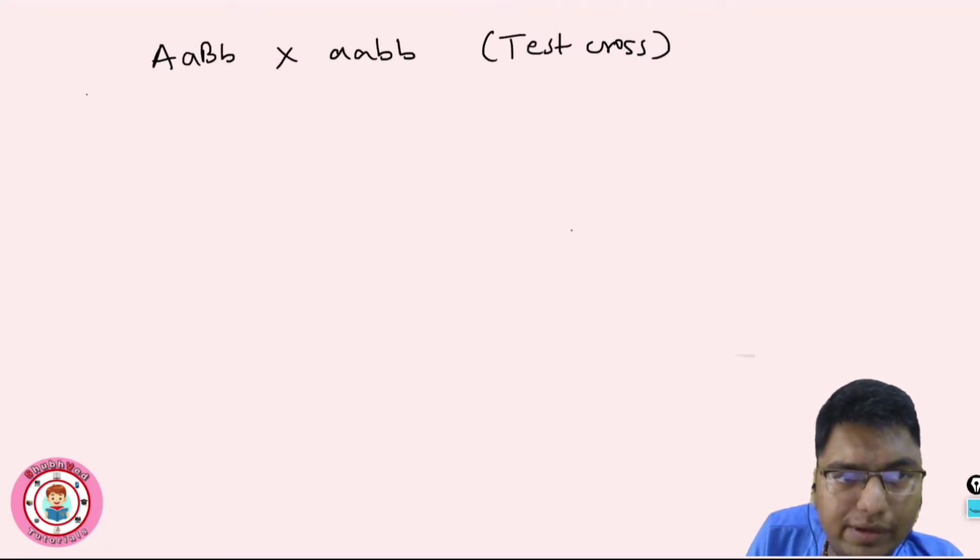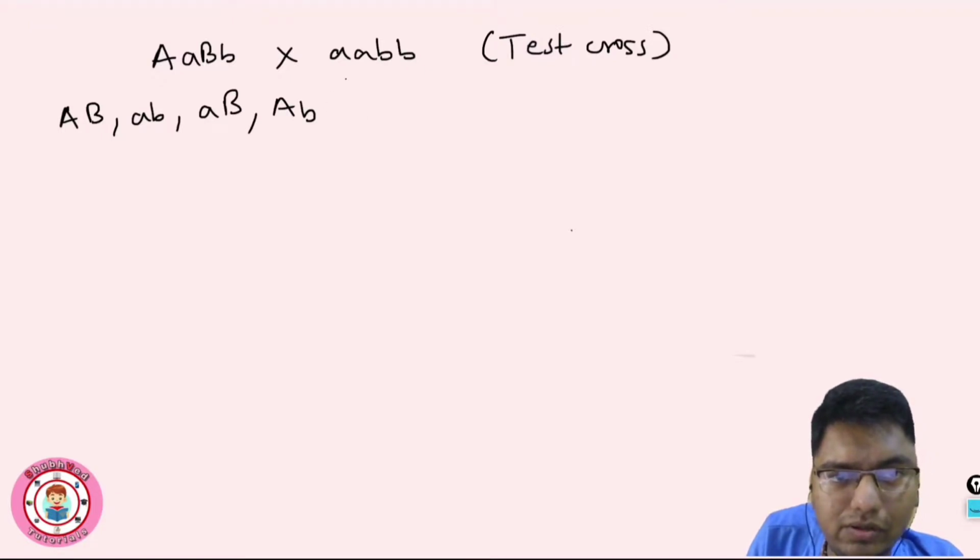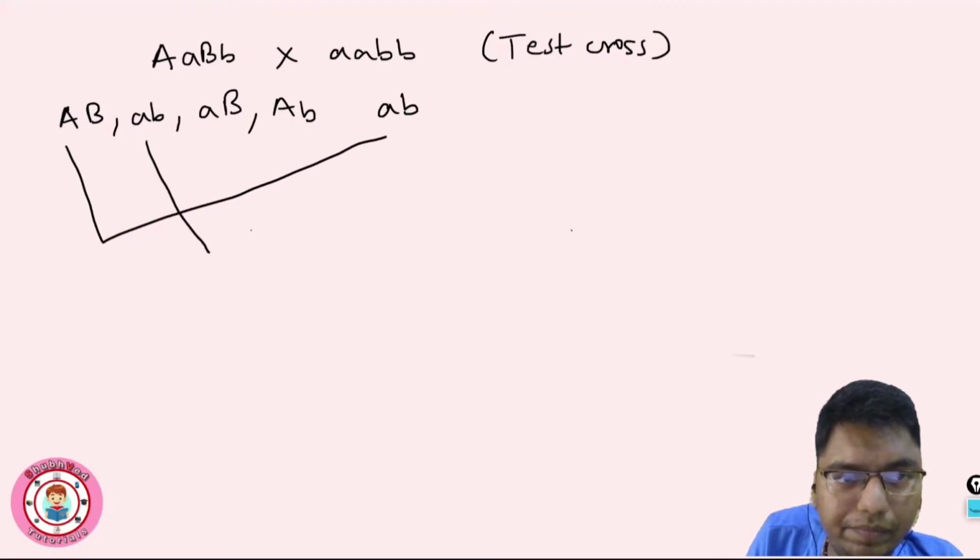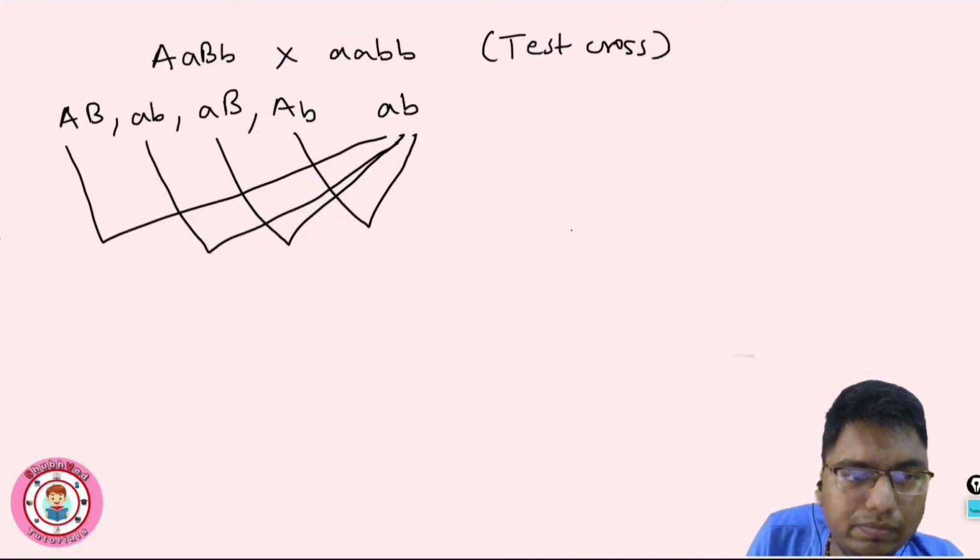Okay. Then this will give gametes. What are the gametes? Capital AB, small ab, right? Then one small, one capital, one small. Okay, so these are half parental, half recombinants, and this will give only this type of gamete. Then they will come together, and like the genotype should be formed. Okay, so I will just write here.